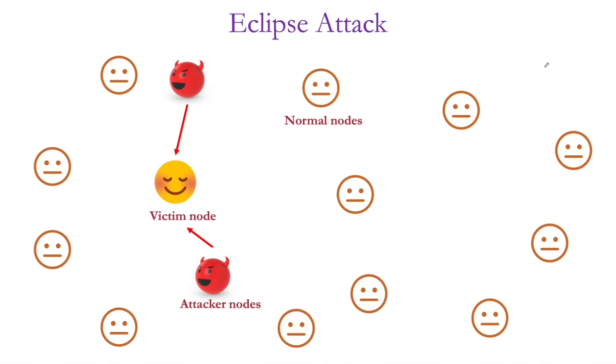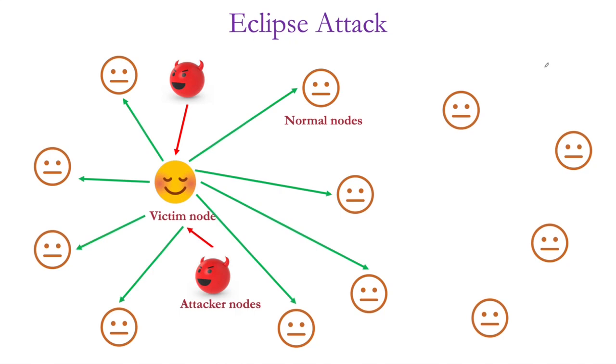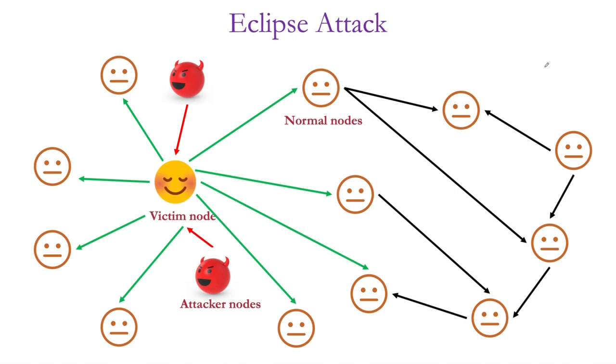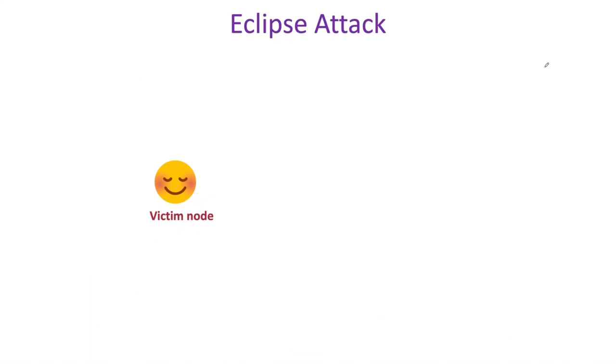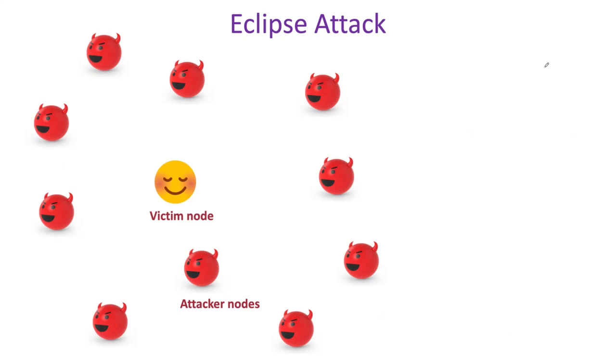Considering two types of Eclipse attack on Bitcoin in a peer-to-peer network, namely the botnet attack and the infrastructure attack: the botnet attack is launched by bots with diverse IP address ranges. These attackers try to connect with the victim node, and once they find its vulnerabilities, they control the victim node and disconnect it from all other nodes in the network.